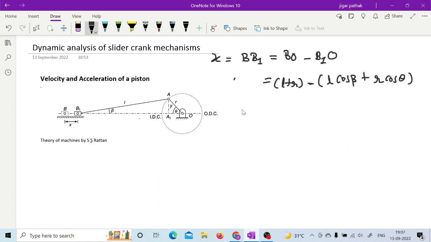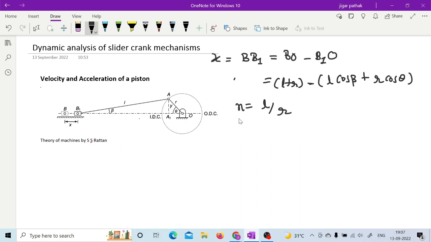Now we define the obliquity ratio N equal to L by R, as we have seen in the previous lecture, in the turning moment versus crank angle, T theta diagram, where piston effort is responsible for the turning moment.